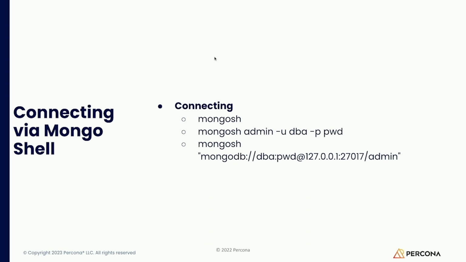Or there is another way, that is to connect using a connection string called a MongoDB URI, that is in a format like this, okay? You have mongodb://, then the user and password at the IP address and the port. And the final slash with the authentication database. I think the latter is the format that is more common nowadays, but any of them work.